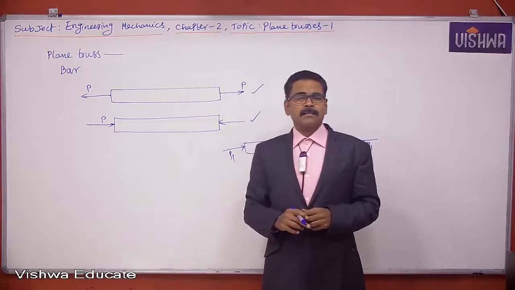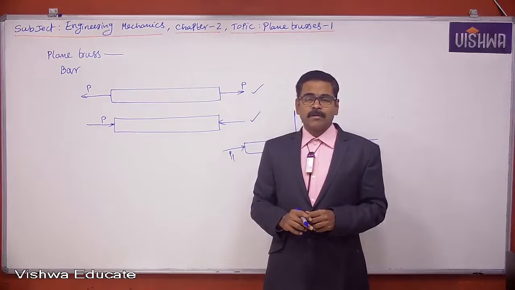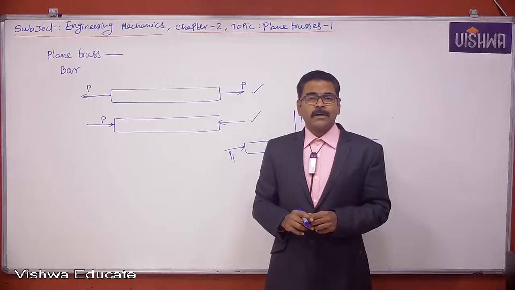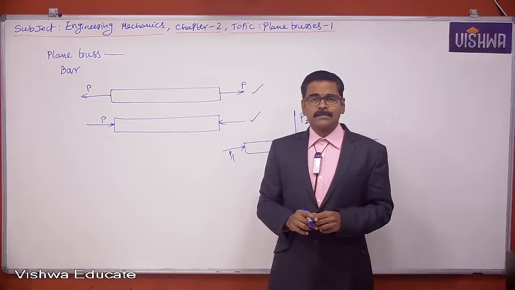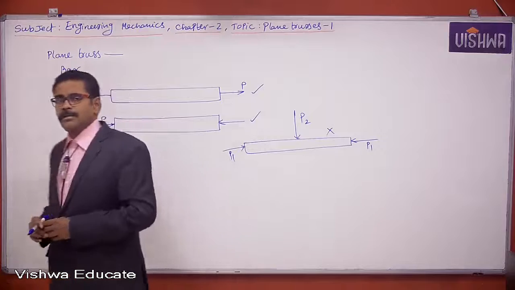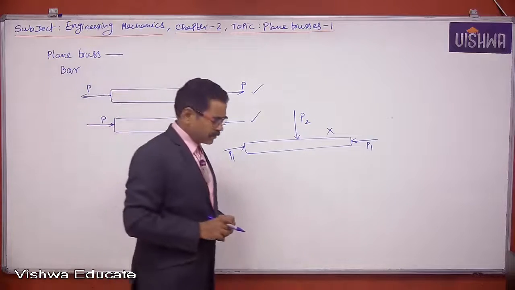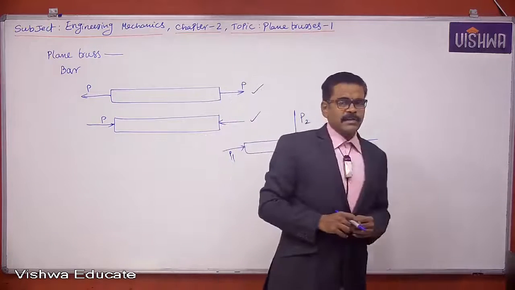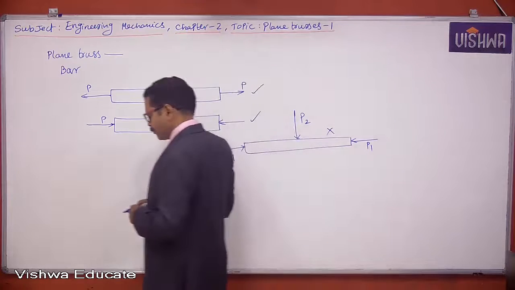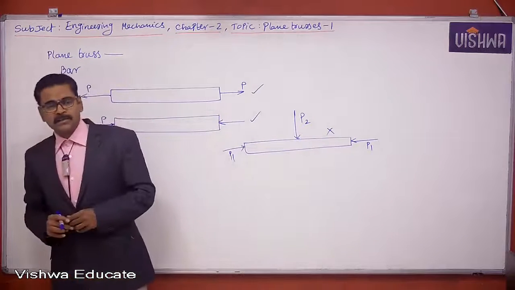As I dictated, it is an assemblage of bar elements which are connected by frictionless pin joints, and load is applied only at joints, and all members lie in the same plane.